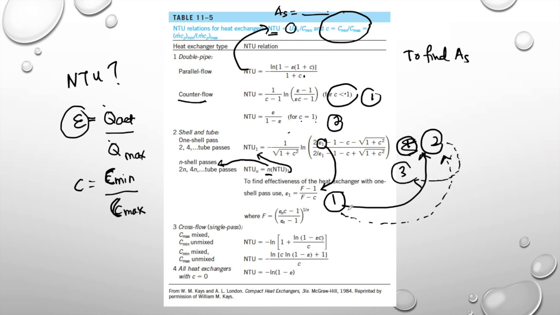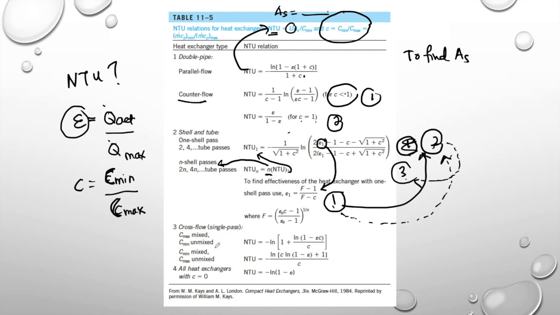Okay, you have 3 steps for n shell passes, 2 and 4 tube passes. Okay, 1 to 2 and then 2 to 3. So for 1 shell pass, you have 2 steps, 1 and then go to 2. Okay, 3 is cross flow, single phase, a single pass.